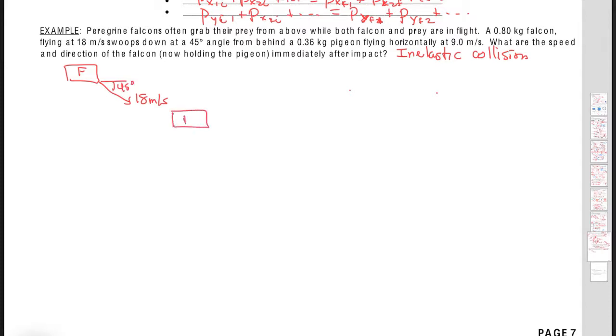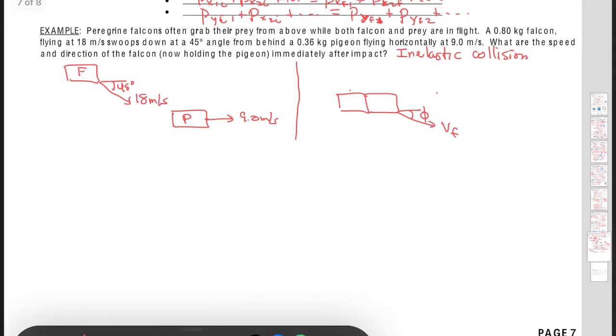Here's my unsuspecting pigeon traveling at 9 meters per second horizontally. After the collision, right after the falcon grabs the pigeon, they're going to be combined, traveling at a velocity at an unknown angle. We'll call that theta.